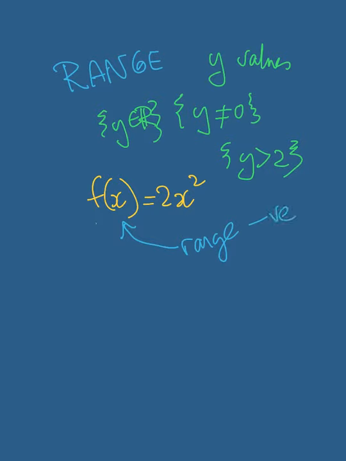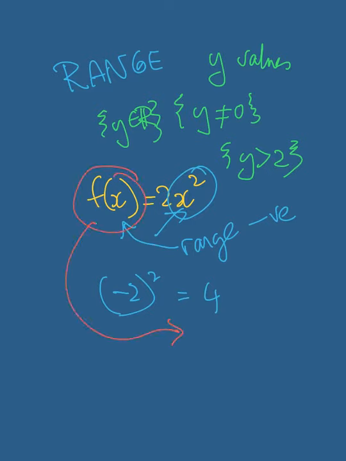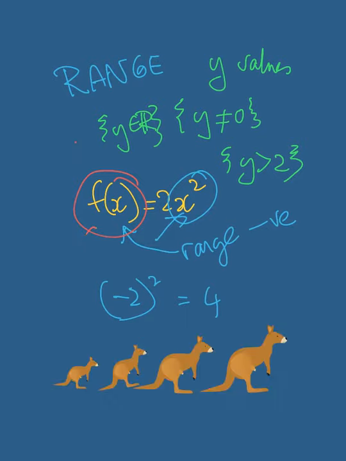Why? Because of this. It doesn't matter if x could be negative. You have negative 2 squared. That's going to be equal to 4. Whatever happens, the range cannot be a negative number. Therefore, y has to be greater than or equal to 0.